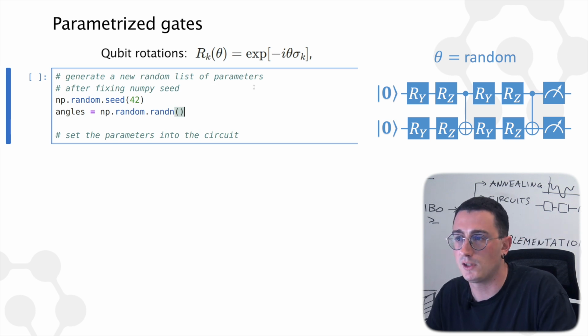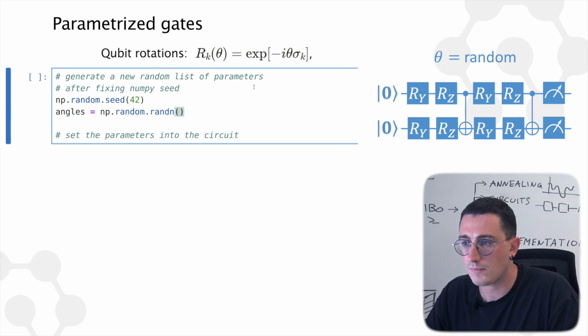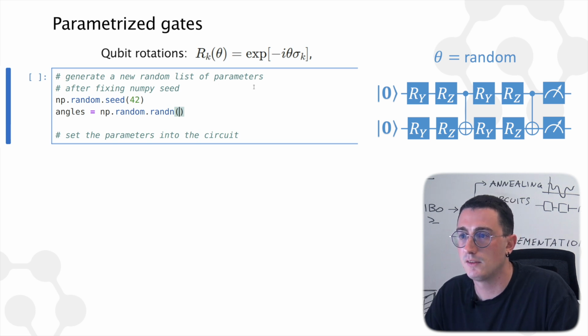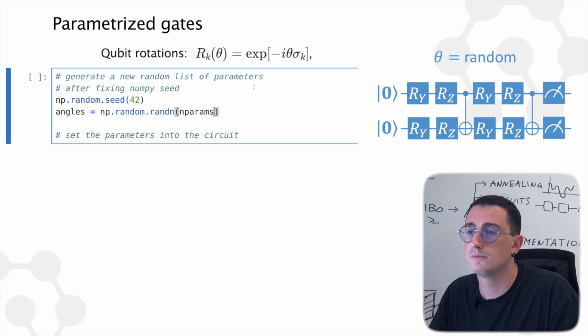This is not very important, but it's just to give you the shape of the density function from which we are sampling the points. And we generate nparams numbers, because we want to have one random number for each angle of the circuit.